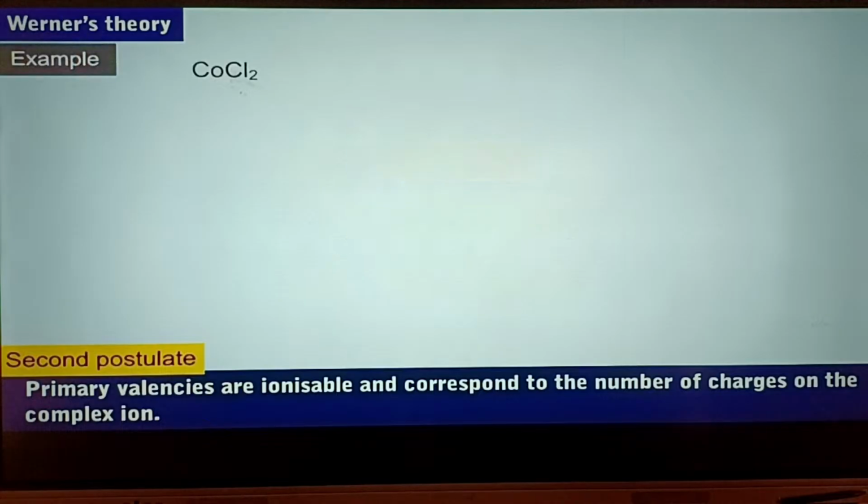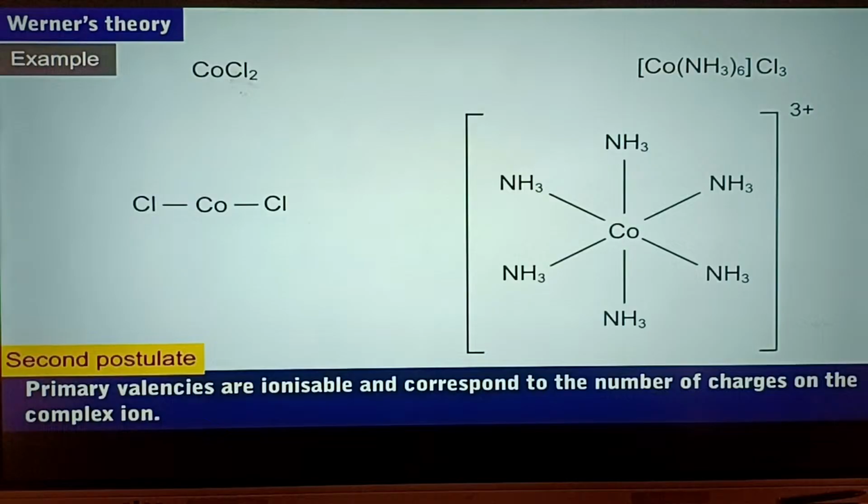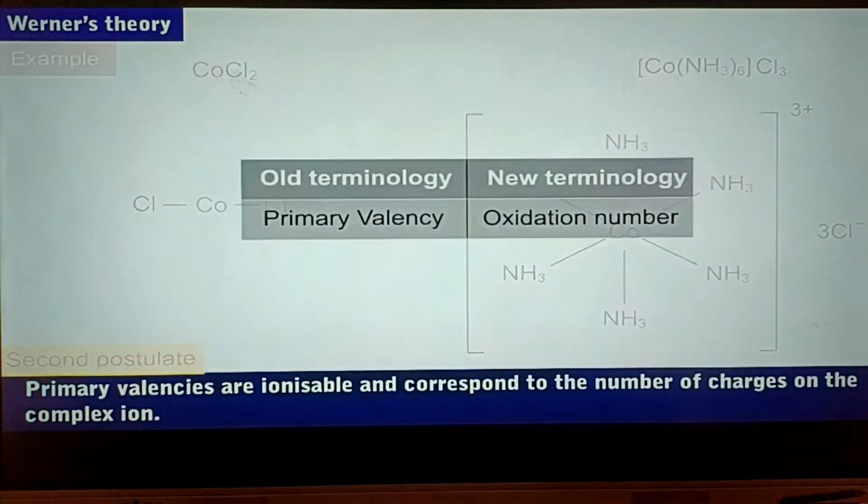For example, the primary valency of 2 in CuCl2 is satisfied by 2 chloride ions. Similarly, the primary valency of 3 in the complex [Co(NH3)6]Cl3 is satisfied by 3 chloride ions. In modern terminology, the primary valency corresponds to the oxidation number.